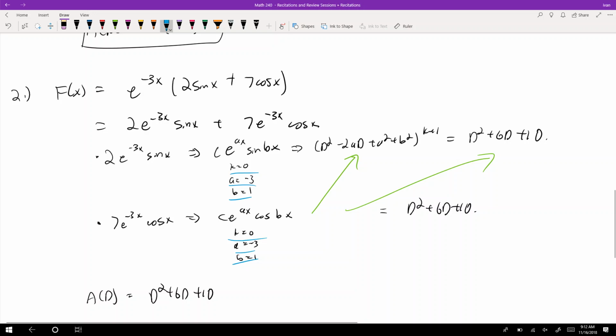So there's no point in multiplying them together. It'll still work, it'll still kill both terms, but d squared plus 6d plus 10 is going to kill both of them anyways. Okay? So the annihilator, if a and b are the same, you just take the highest power of k.